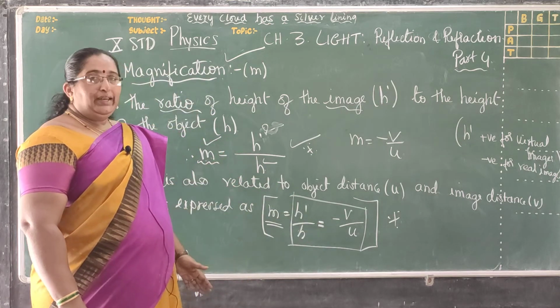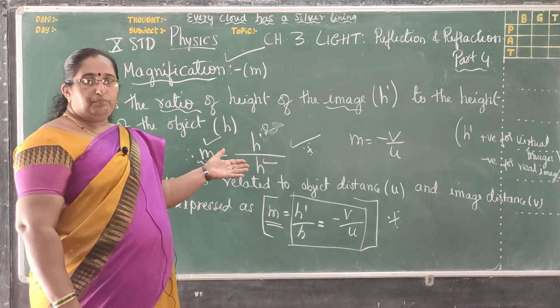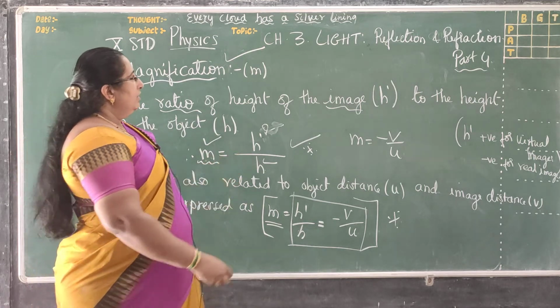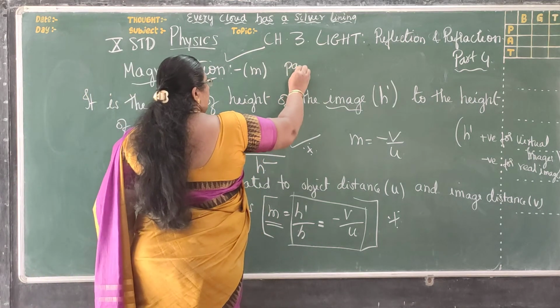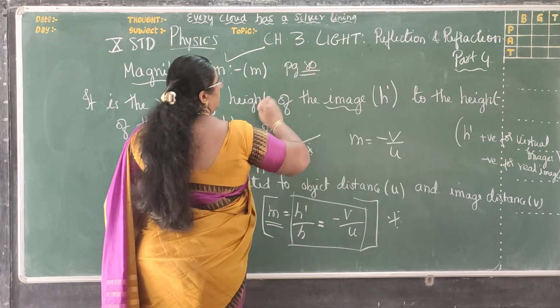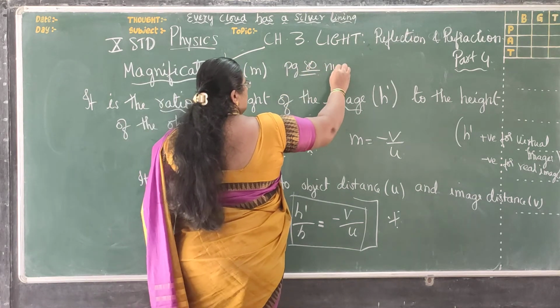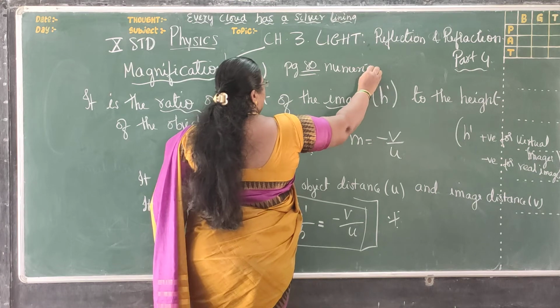So go through the reader and the numerical problems on page 80, and write them as your assignment. Page 80 numericals as your assignment.